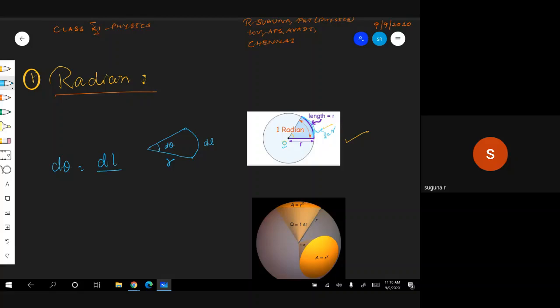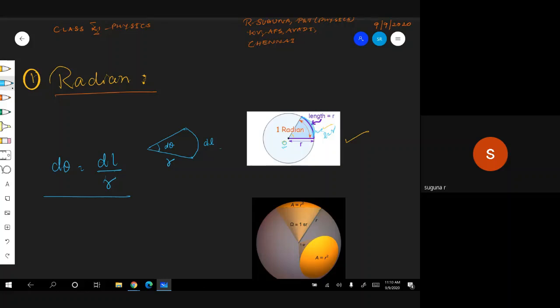This is the angle subtended by the arc of length dl, and the circle has a radius r.